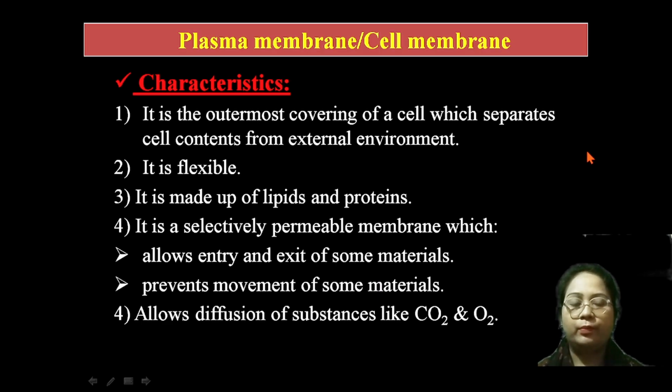Some materials that are very important or necessary to the cell might be blocked from going out to the environment, because these living contents are very essential to the cell. So that is very helpful to the cell. Then it allows diffusion of substances like carbon dioxide and oxygen. I think this is very clear to you about the cell wall and the plasma membrane. Okay, then let us move to the next slide.